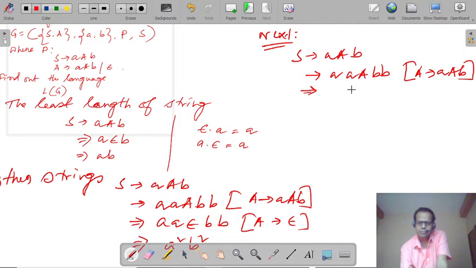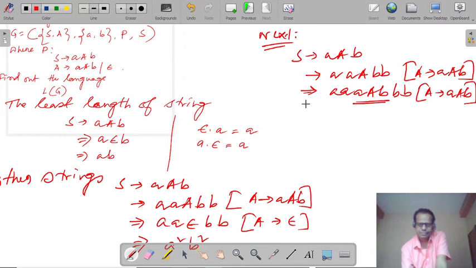Now again we use the same production, A implies a A b, and we get a a a A b b b. Here also we use the same production, A implies a A b.